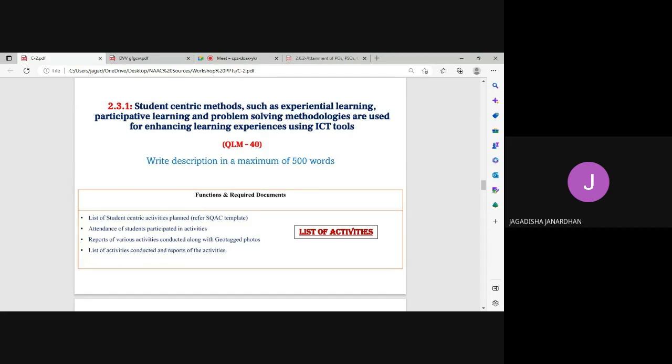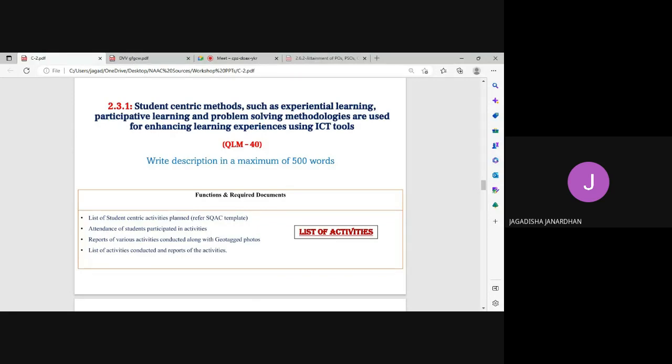And the last suggestion I would like to give in this question is, many humanities subject teachers may feel it is not required for our subject to use the ICT facility. Even they can use it. If they are speaking about any historical places, they can search on Google and show the pictures to the students.